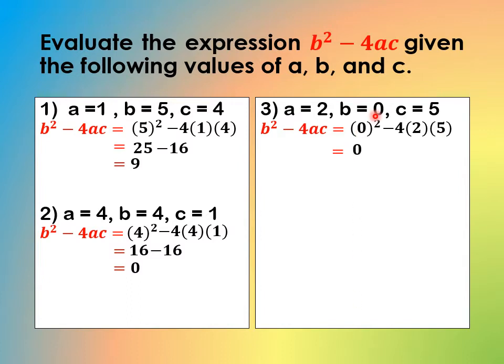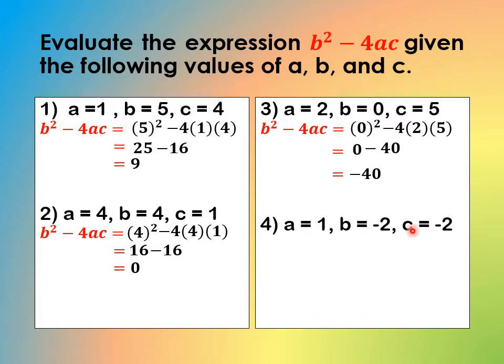Okay, that is equal to 0. Minus 4 times 2. That is 8 times 5. Kaya naging 40 dito. So, we have 0 minus 40. So, 0 minus 40, that is equal to negative 40.